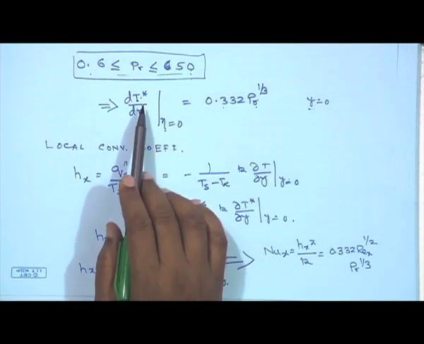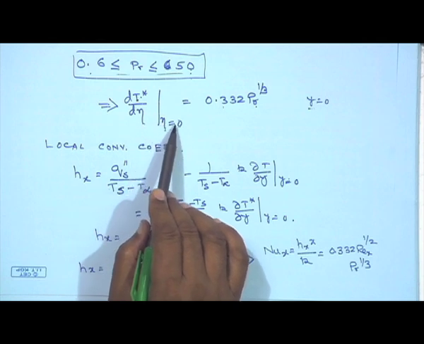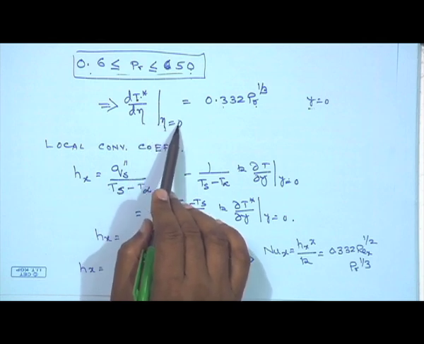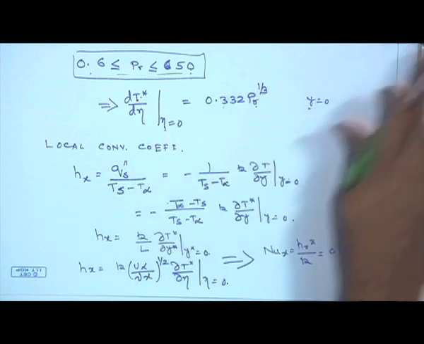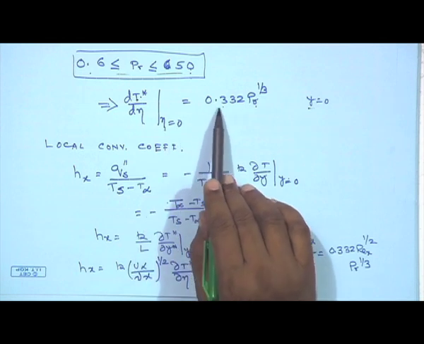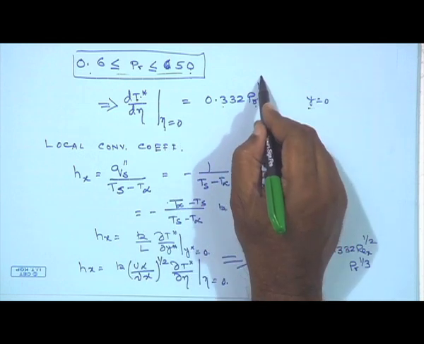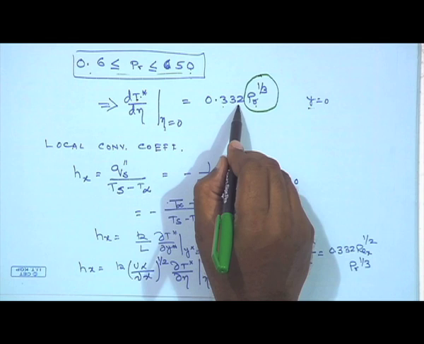Once the values of the dimensionless temperature gradient at eta equals 0, that means on the solid plate, are obtained and analyzed carefully, they are found to fit very well with this type of expression, where Prandtl number to the power 1/3 is multiplied by a constant.